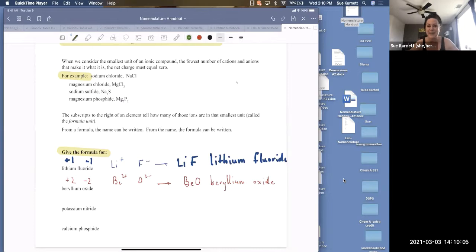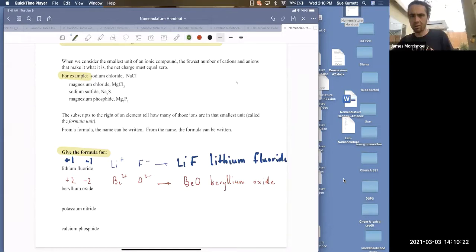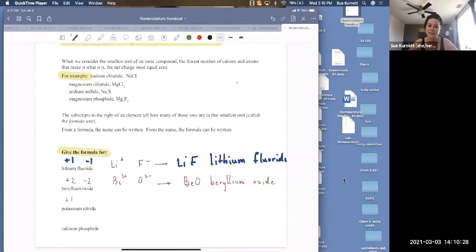Potassium. Where is potassium? Keep in mind when we're looking at these, the element on the left is going to be found to the left on the periodic table. And ionic compounds always have the metal before the non-metal. So look on the left to find potassium. What group is it in? 1A. So what charge would it have? +1. Perfect. Nitrogen.